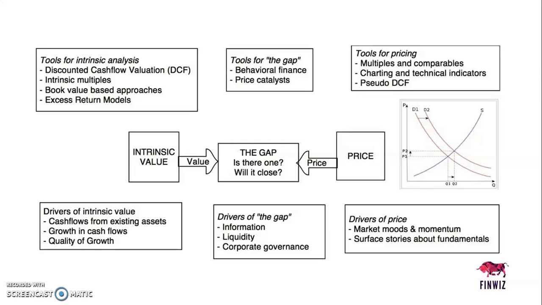Let's say negative news about the company. If you guys must have followed Tesla, it's been increasing a lot in price over the previous couple of months. There's also stuff from corporate governance and liquidity. So if the company's management board makes some decisions related to the company, all of that can drive the price, the gap.